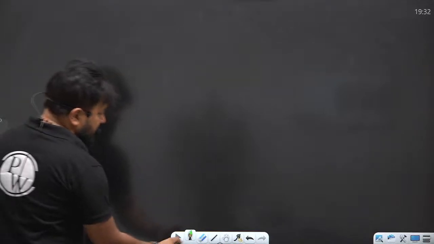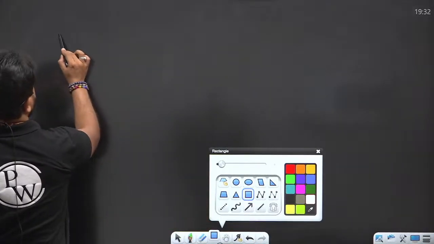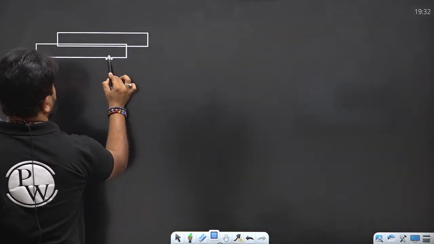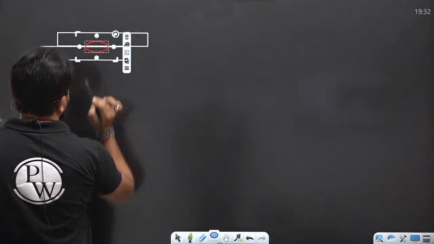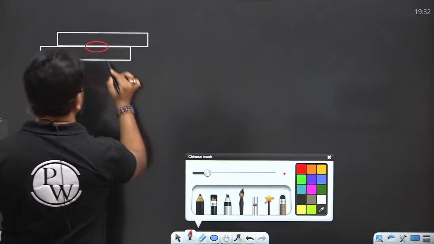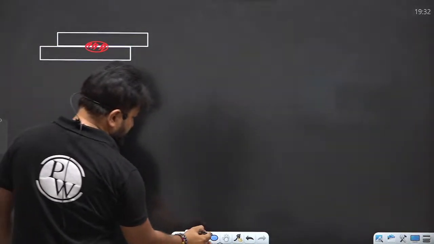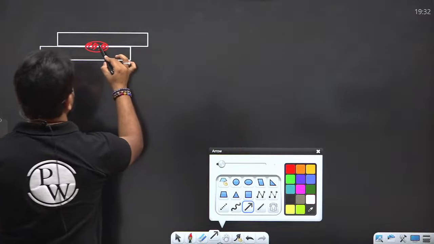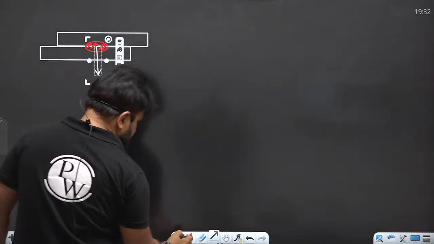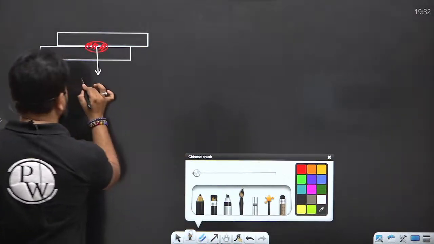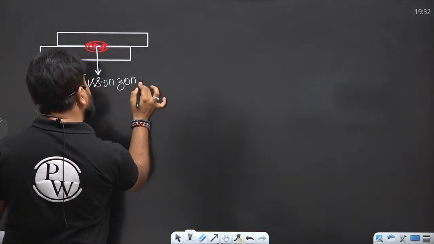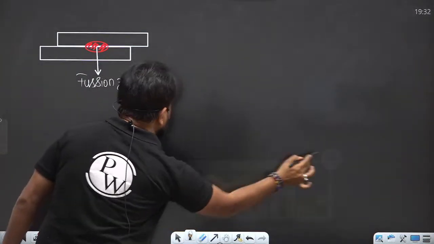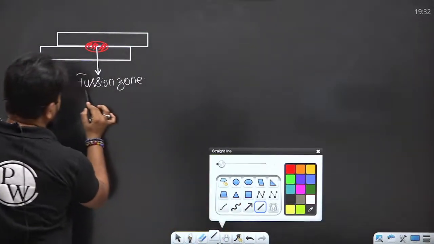Now when you apply the heat at the interface, this is the overlap plate. At the interface, the nugget is going to be formed, a fusion zone, where the metals fuse.